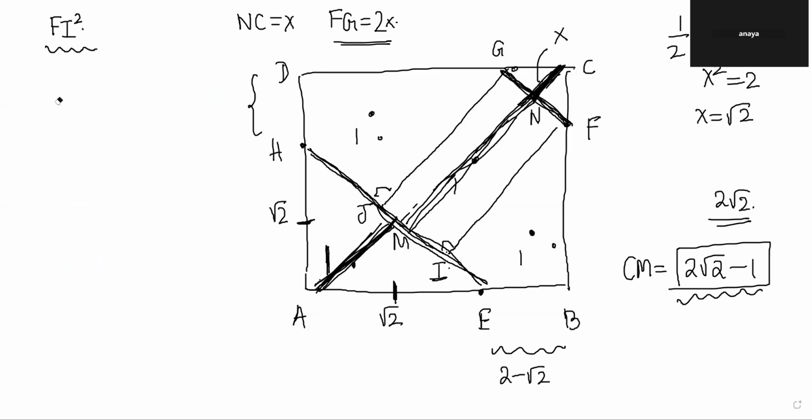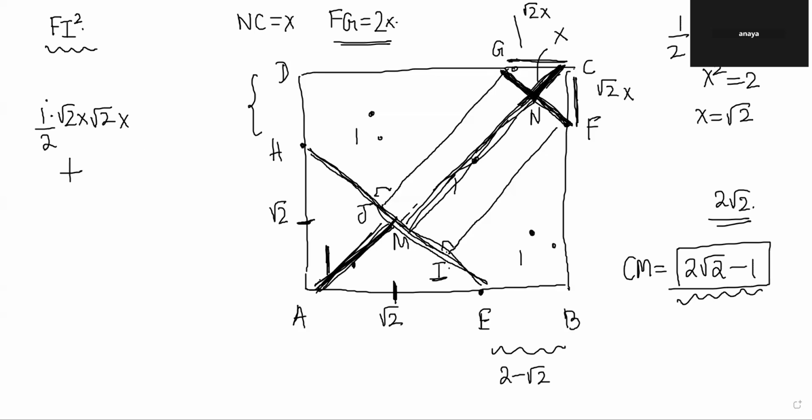We are saying that if this is x and this is 2x, we know this one and this one should be root 2x and root 2x, right? Then only, by Pythagoras theorem, this one will be 2x, no? So area of the triangle is half into root 2x into root 2x plus area of the rectangle, right?